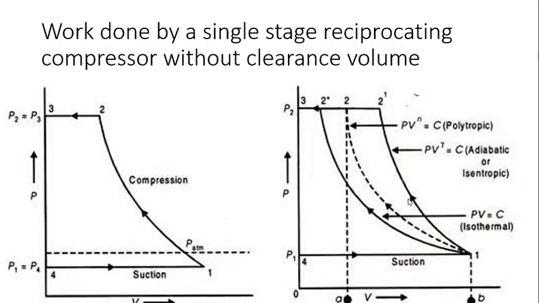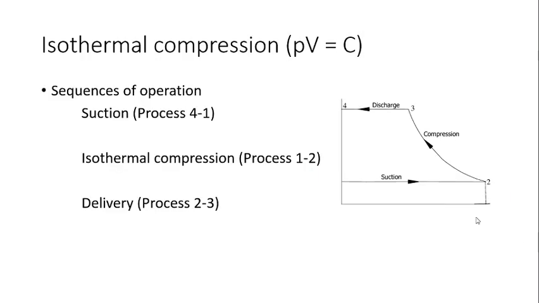Okay. Now, first of all, we will discuss the work done by a single stage reciprocating compressor with isothermal compression. So let's assume this compression is isothermal. We know the governing equation of an isothermal process, which is PV is a constant, pressure into volume is a constant. So the sequence of operation, the naming is not correct.